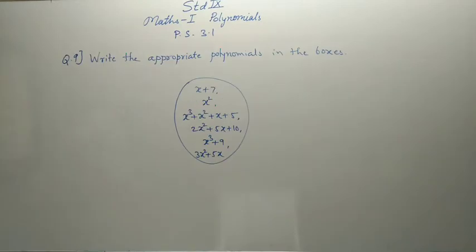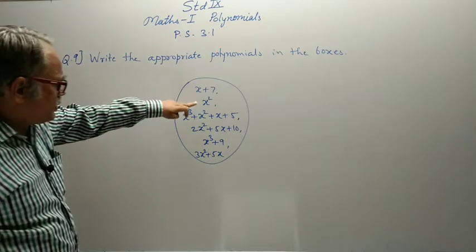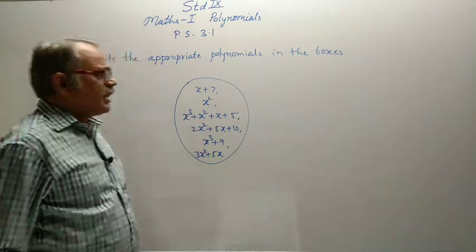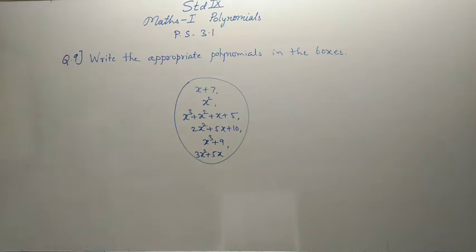Now in the 9th sum, they have given 1, 2, 3, 4, 5, 6 polynomials, and they asked to classify them as quadratic, cubic and linear. That is also not given in proper sequence. First they have given quadratic, then cubic, then linear, and also as binomial, trinomial, monomial.